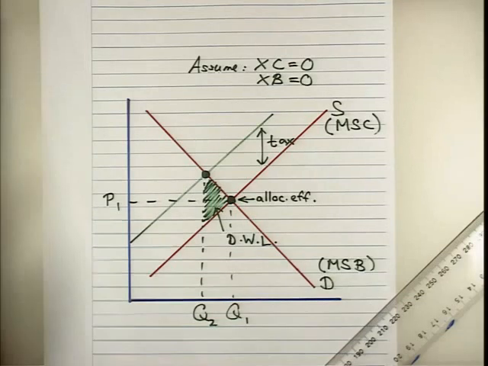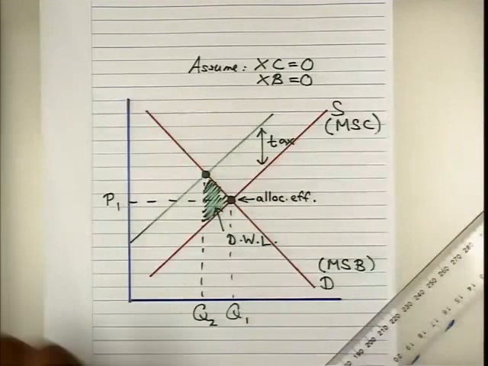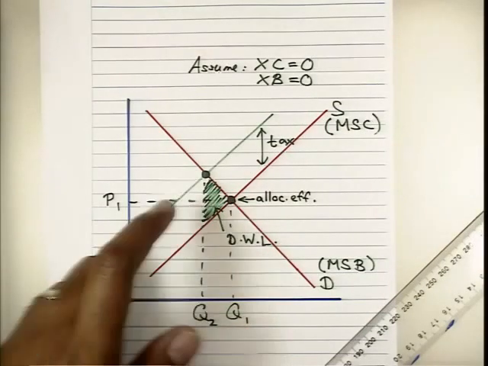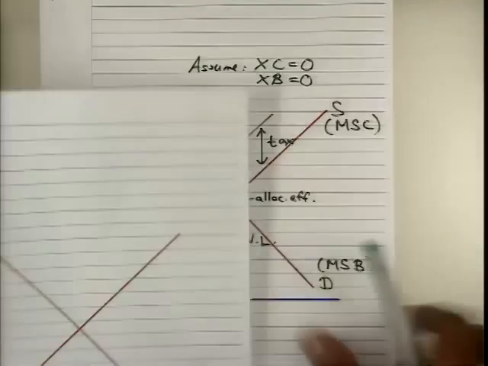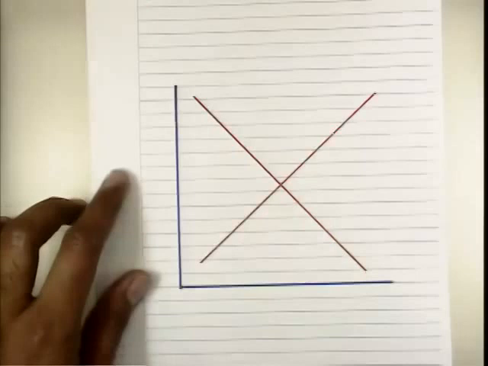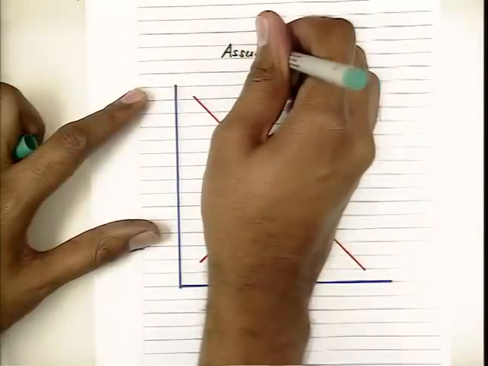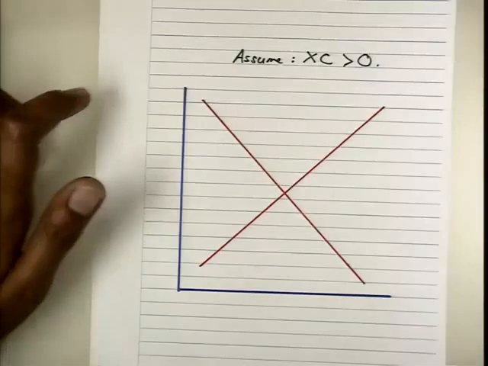So, three different ways the government may intervene and create deadweight losses. It pushes the economy from what used to be efficient to what is now inefficient. Now, let's say we have an externality. Let's assume we have a positive external cost.